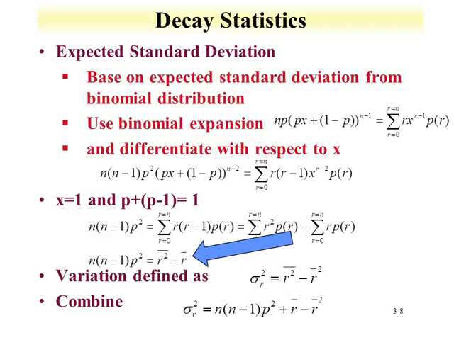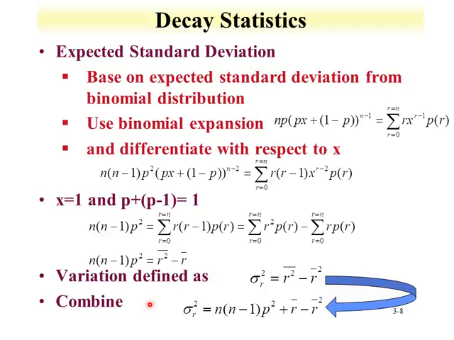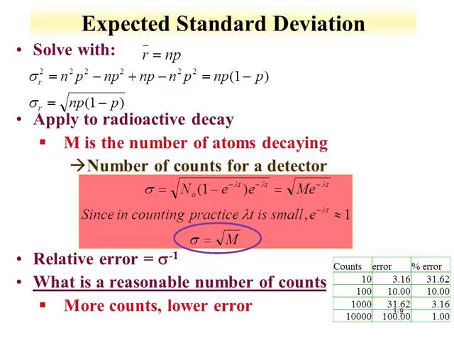We combine these equations together, and we get sigma squared is equal to N times (N minus 1) p squared plus the average of r minus the average of r squared. So we can now have a route for determining the standard deviation.